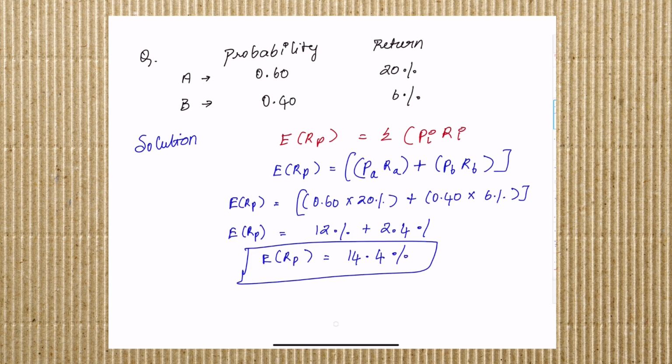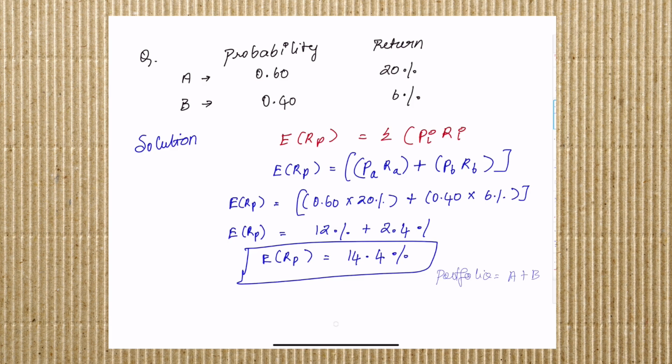With this information, how are we going to compute the expected return of the portfolio? By using this: return of the portfolio is equal to the probability of stock A into the return of stock A, and similarly you will do it for n number of stocks available in your bucket, and finally adding it up, it is the summation, and that will give your expected return of the portfolio. If you don't want to put it in linear format, the easiest way is, we know the portfolio is nothing but a collection of stocks.